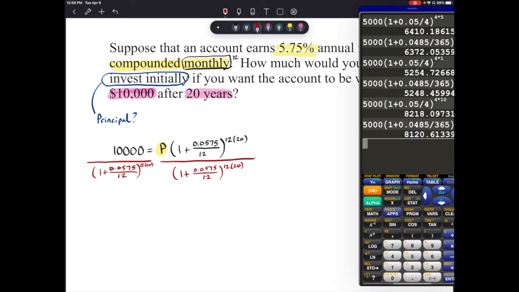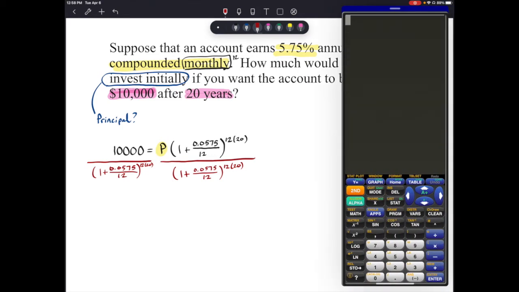So when I do this one, I'm going to go ahead and just do 10,000 divided by, in parentheses, 1 plus 0.0575 divided by 12. And then I'm going to raise that part of it to the 12 times 20th power.